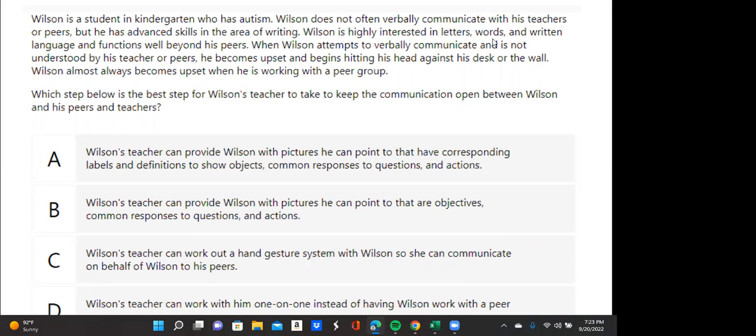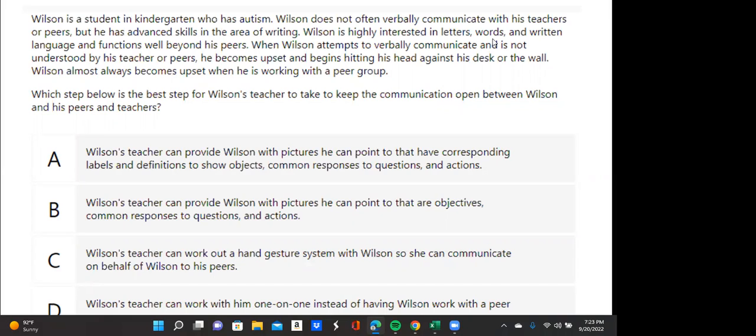When Wilson attempts to verbally communicate and is not understood by his teacher or his peers, he becomes upset and begins hitting his head against his desk or the wall. Wilson almost always becomes upset when he's working with a peer group. Which step below is the best step for Wilson's teacher to take in order to keep the communication open between Wilson and his peers and his teachers?